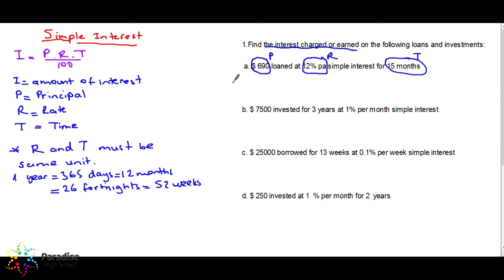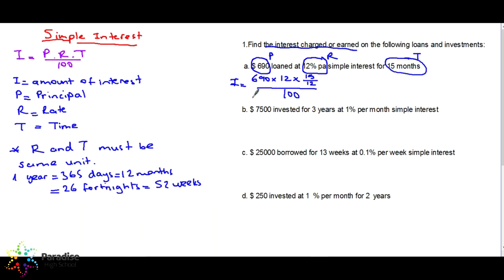All right. So first, I'm writing my formula: I is equal to P times R times T over 100, so 690 times 12 times the time in years. For the first calculation, let's make it in terms of years. Since the rate is in terms of years, I will convert months into years. How do I convert 15 months into years? 15 divided by 12 makes years, all divided by 100. Let's use our calculator here.